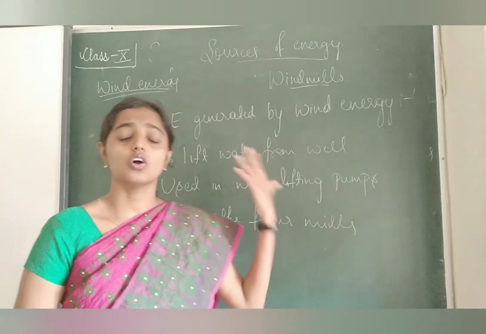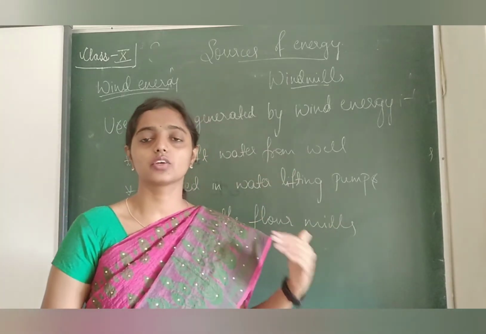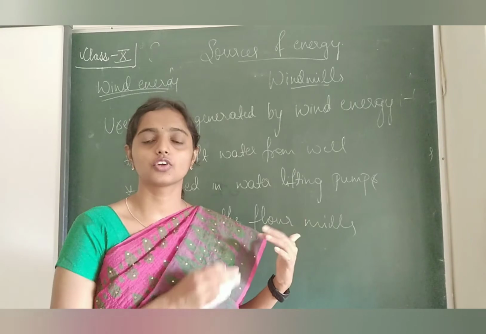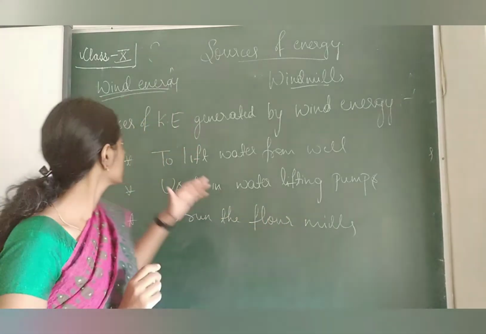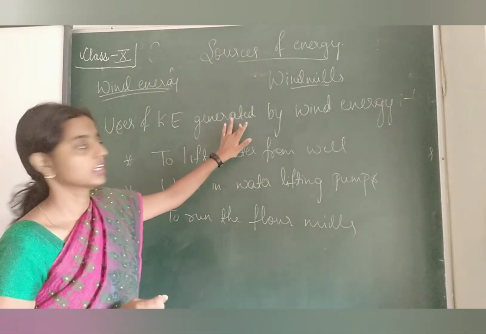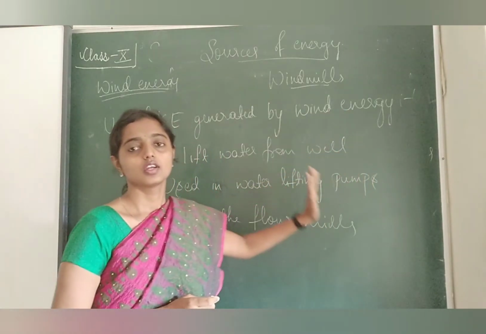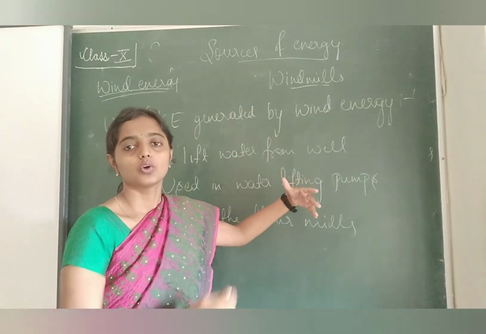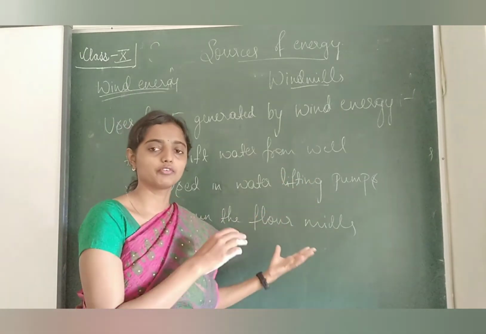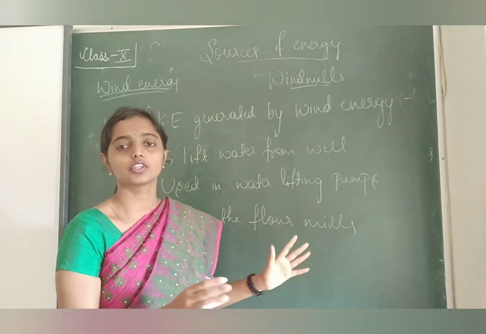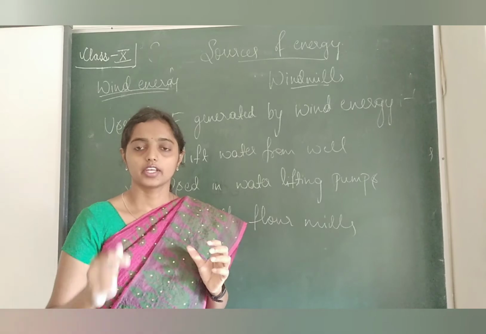So in all the civilization times, they were using this wind energy for different purposes. Now let us see uses of kinetic energy generated by wind energy. This was used in earlier times, but now it is mainly used only for generating electricity.